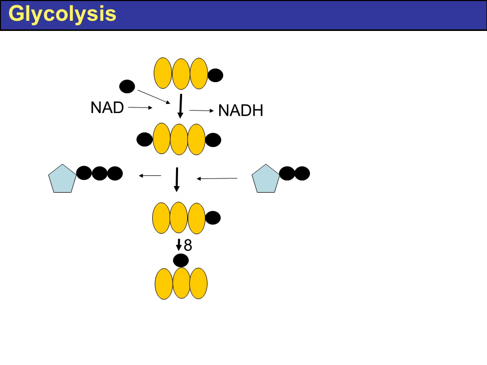Step 8, 3-phosphoglycerate is converted into 2-phosphoglycerate. All we did in this step is move a phosphate group from carbon 3 to carbon 2. Step 9, we will convert 2-phosphoglycerate into phosphoenol pyruvate.